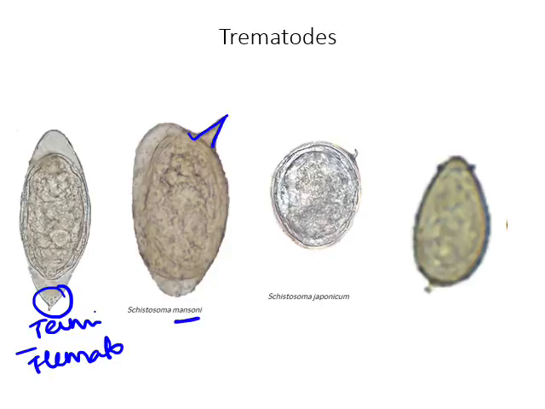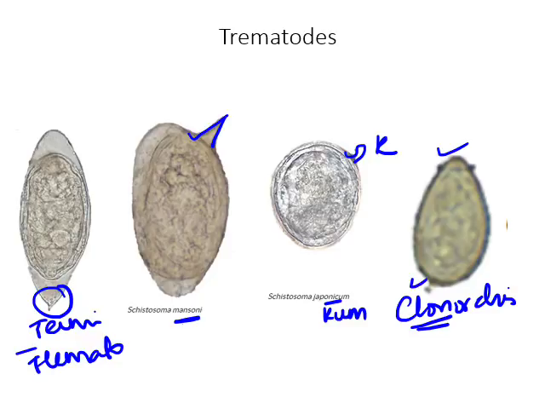So spine is mansoni. This is a lateral knob. So K is japonicum. And this is Clonorchis sinensis. We said clone means 2. So it will have an operculum and a knob. And sinensis means shoulders. So here you see this outpouching shoulder-like thing where the operculum is resting. So that is Clonorchis sinensis.